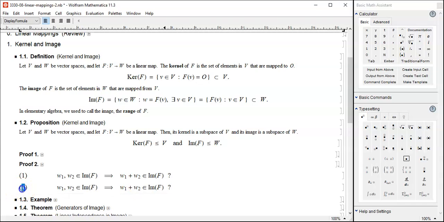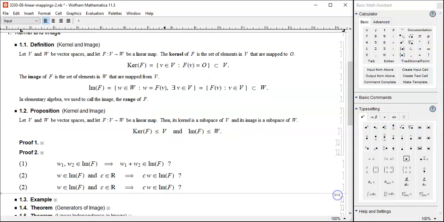And then closed under scalar multiplication, and c times w, scalar multiplication, belongs to the image set.